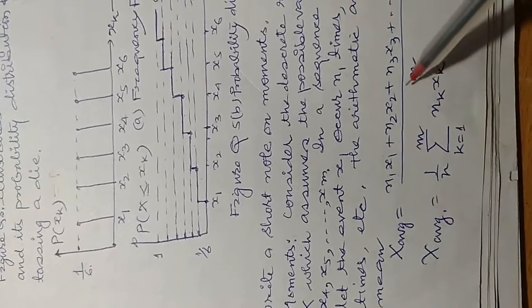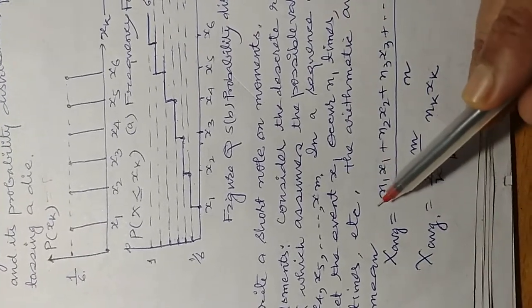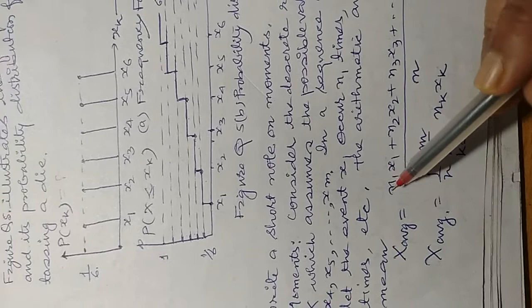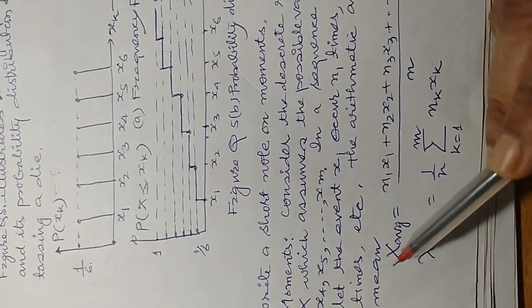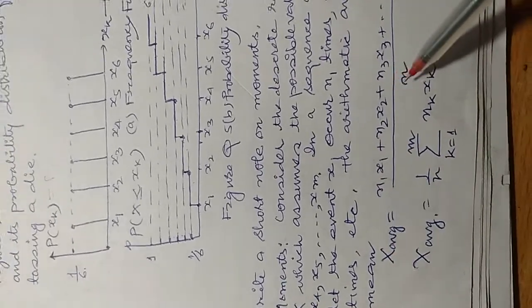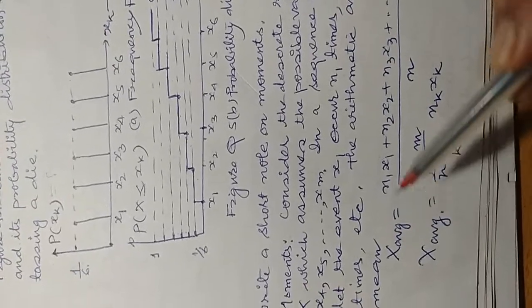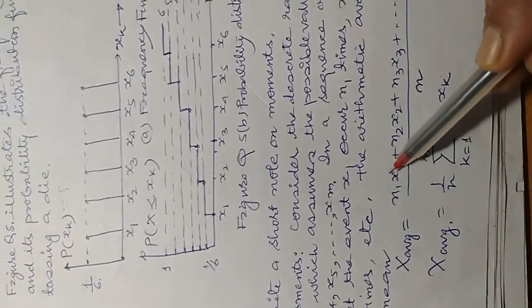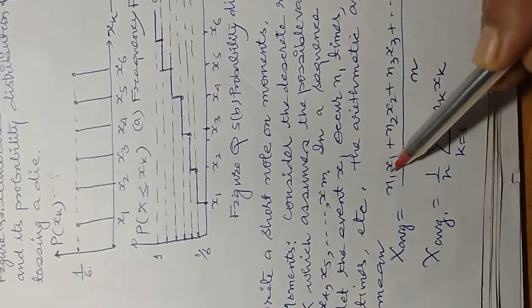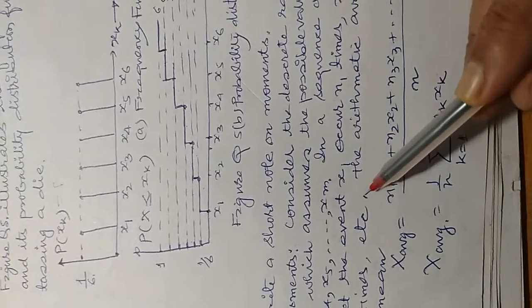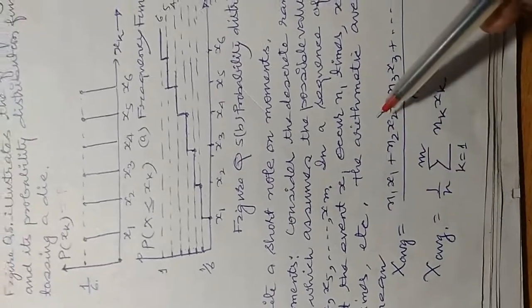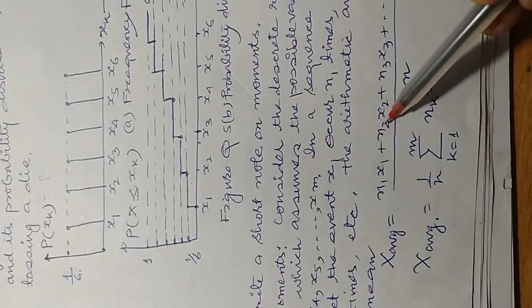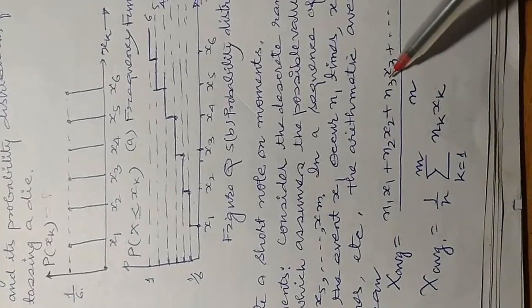where you are getting a value over n repeated times. That is, we are getting that value n1 times. When an experiment is conducted n times, you find some value, here x1, and you get it n1 times. Another value you get n2 times, another value n3 times.